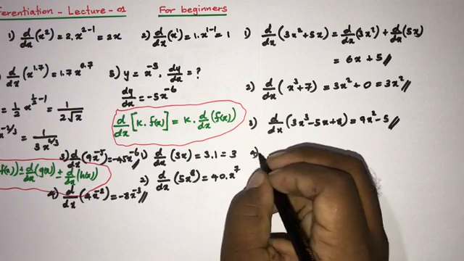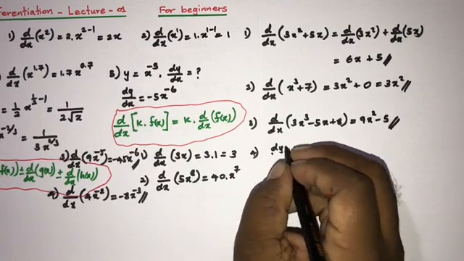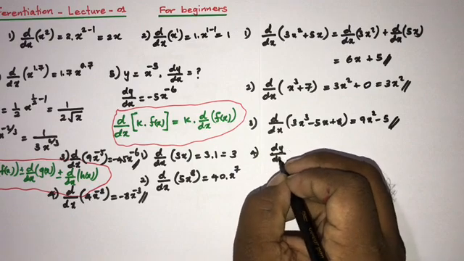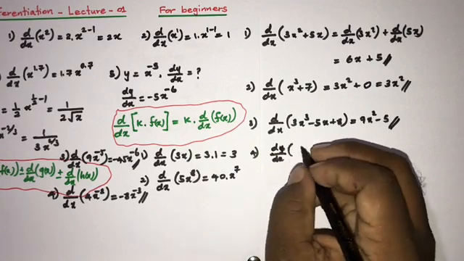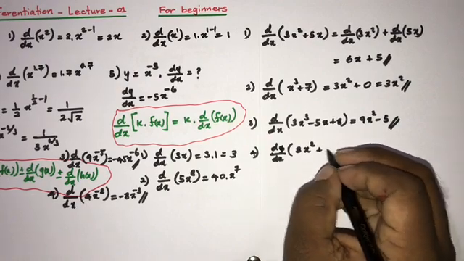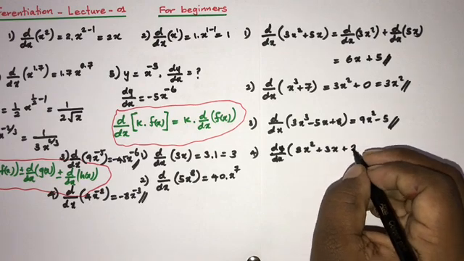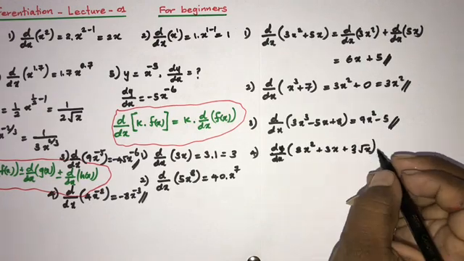Now example number 4, d by dx of 8 times x squared plus 3 times x plus 3 times the square root of x.